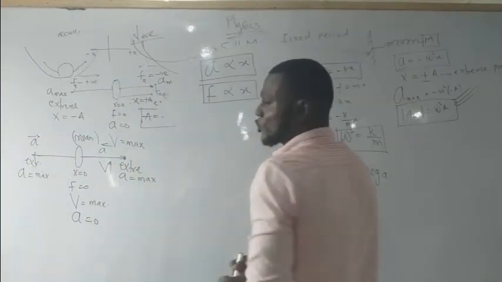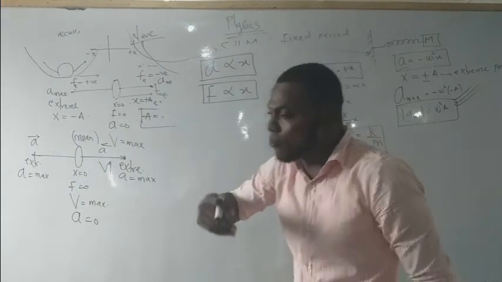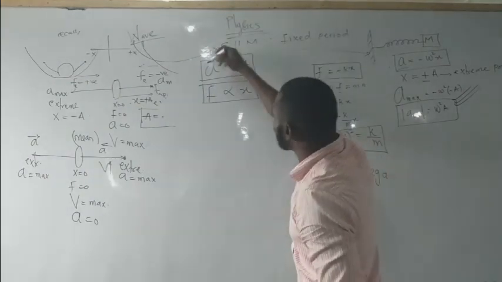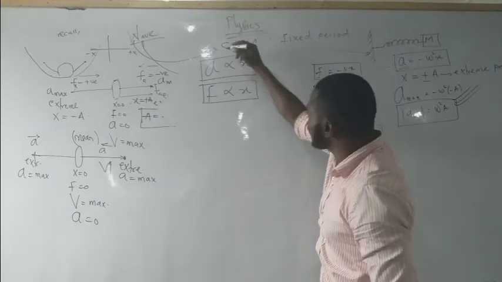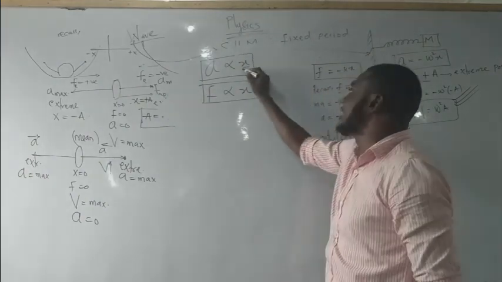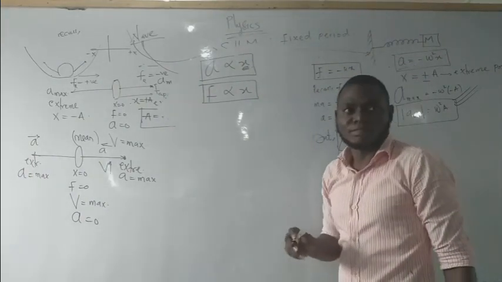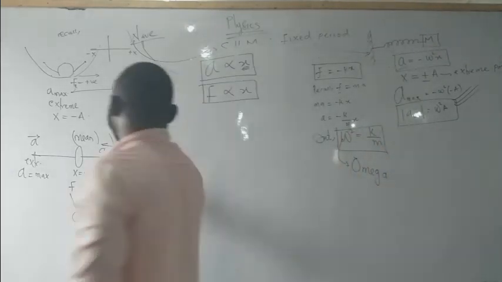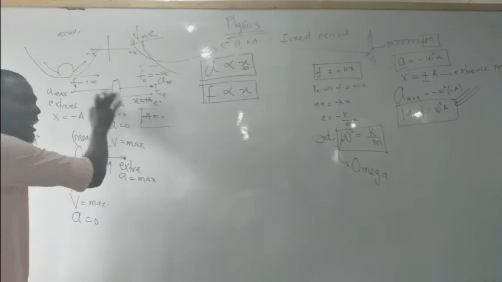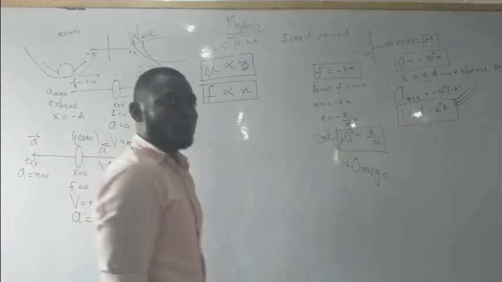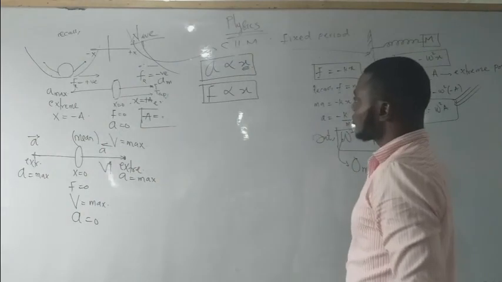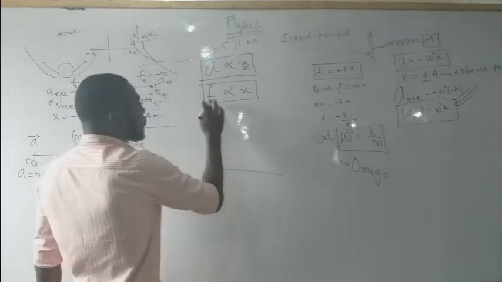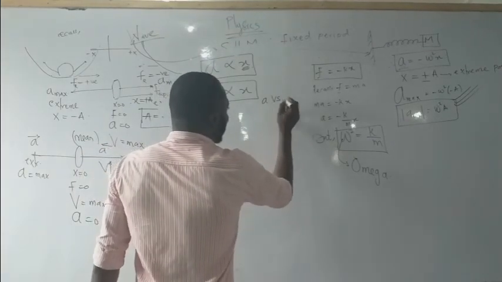A simple harmonic motion is the to and fro motion, or a periodic motion, in which the acceleration is directly proportional to the displacement, and the force is always directed towards the mean position or the equilibrium position.